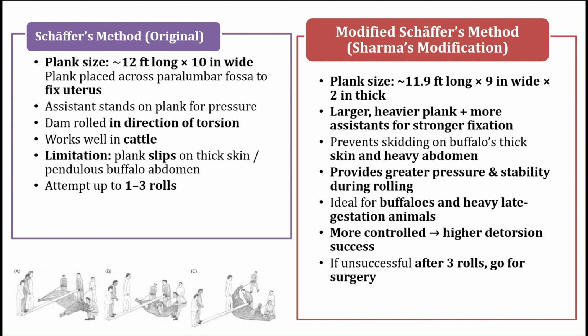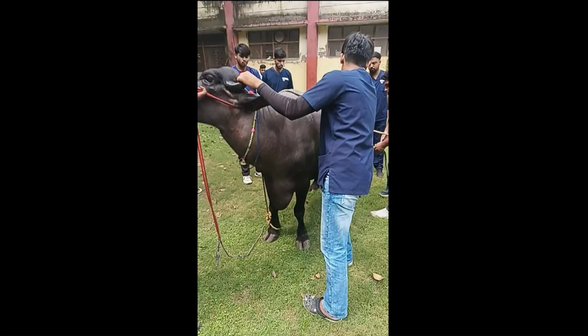It prevents skidding on the buffalo's thick skin and heavy abdomen. It also provides greater pressure and stability during rolling. Ideal for buffalo and heavy late gestation animals, more controlled, higher detorsion success. If it is also unsuccessful after 3 rolls, we should go for surgery.